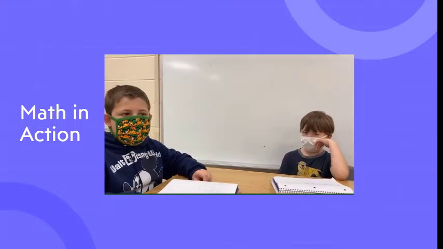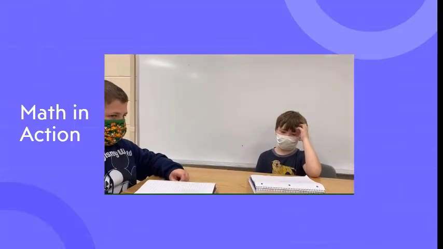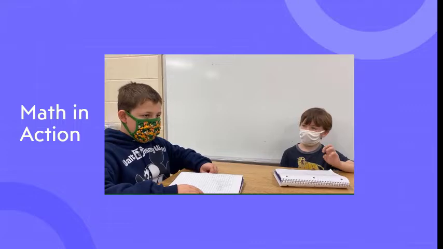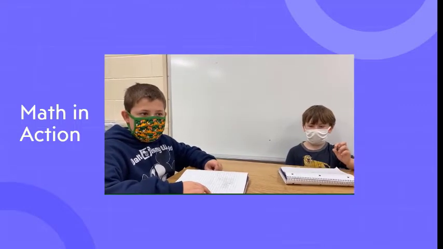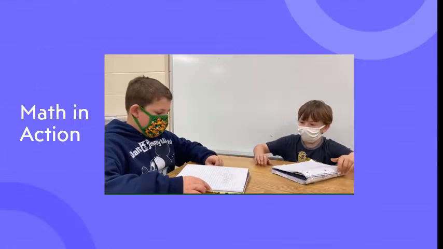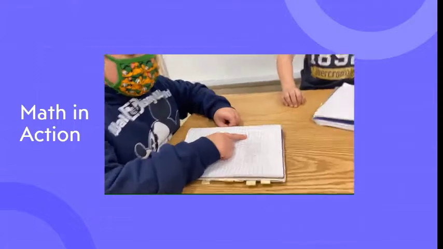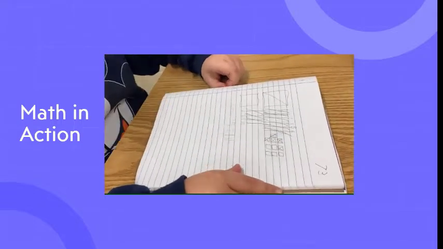I used base 10 blocks. Okay, and Easton, what strategy did you use? I used the number line. Okay, so I'm wondering, how are your two strategies similar, even though they look very different? Okay, so they're similar because we minus 100. And we minus 90. Okay, so you said you minus 100, then you minus 90.